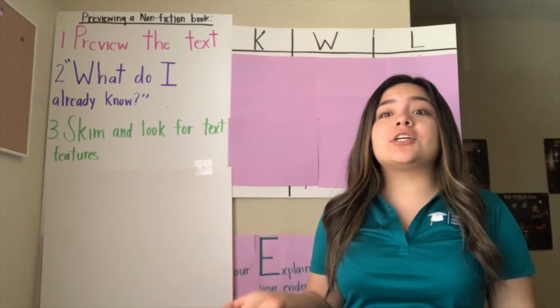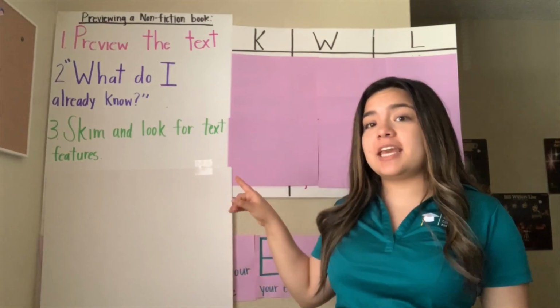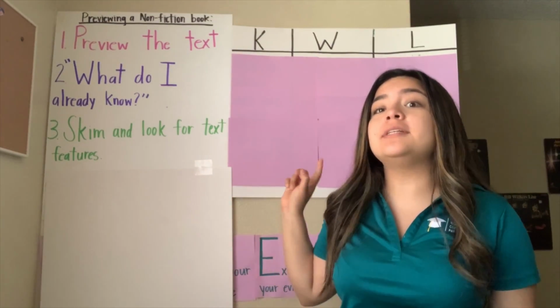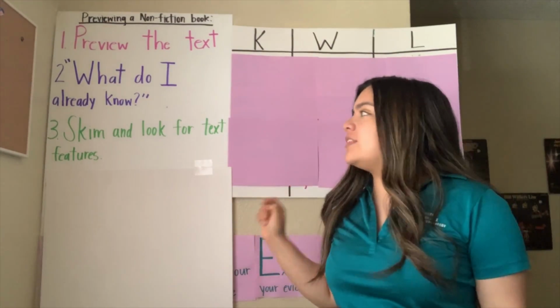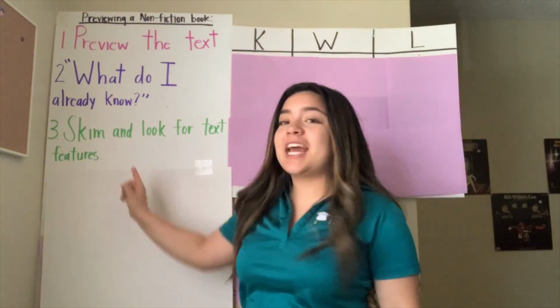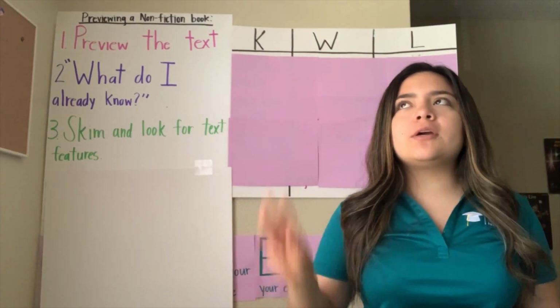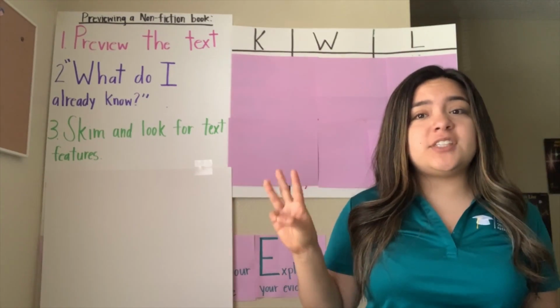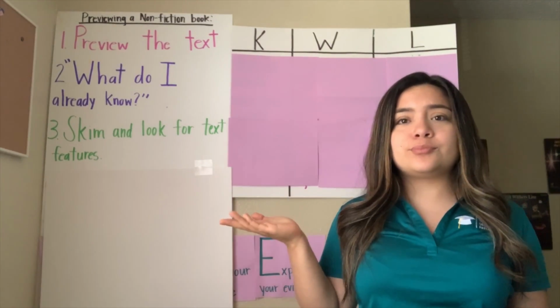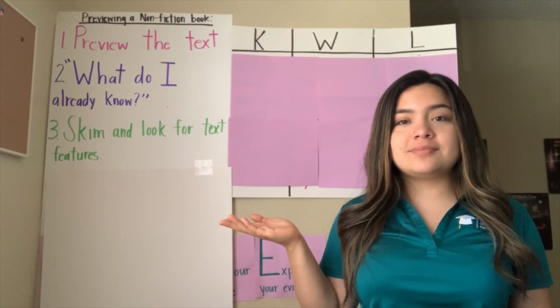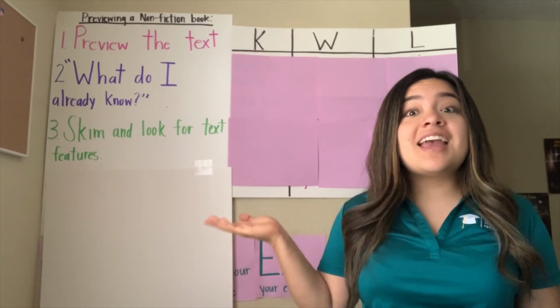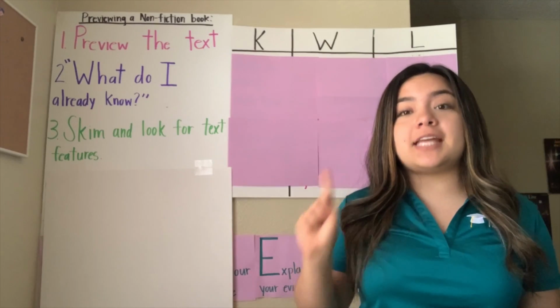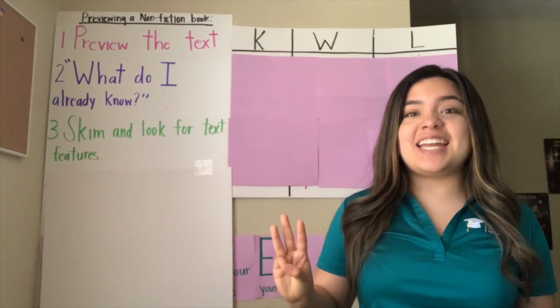Yeah, so our third step is we have to skim and look for our text features. Oh, and then what are our 3 text features that we should be looking for? Yeah, we should be looking for labels, diagrams, and headings.